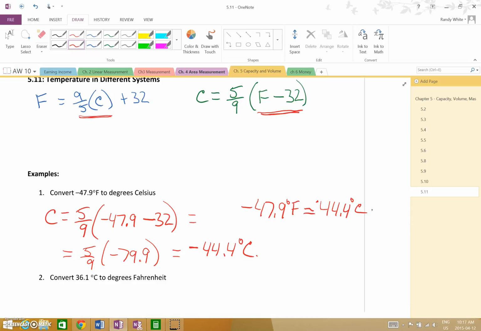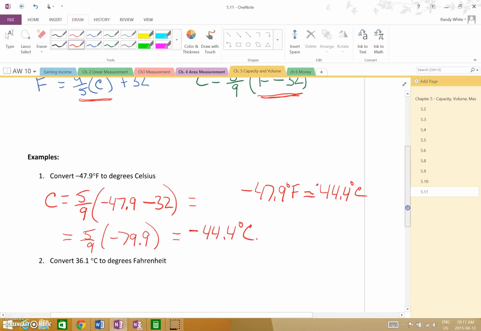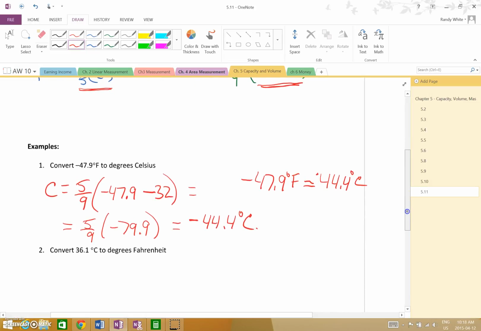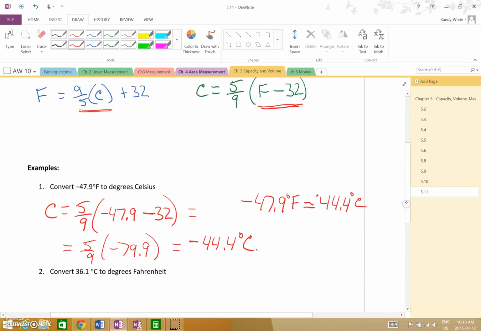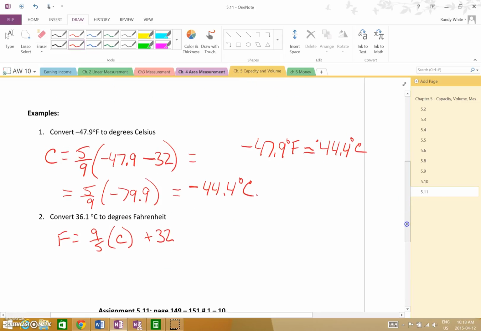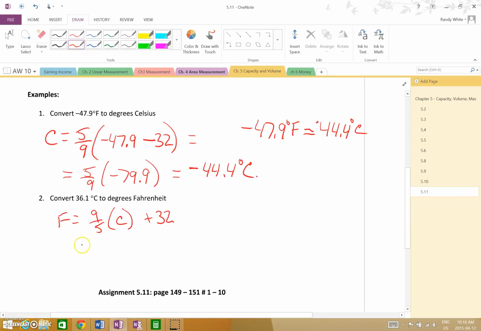Okay, here we're going to take 36.1 degrees Celsius, and we want to convert that to Fahrenheit. So, go to Fahrenheit. Remember, it's 9/5 times our temperature in Celsius, and then we add 32. So I'm going to take 9/5, multiply that by 36.1, and then add 32.